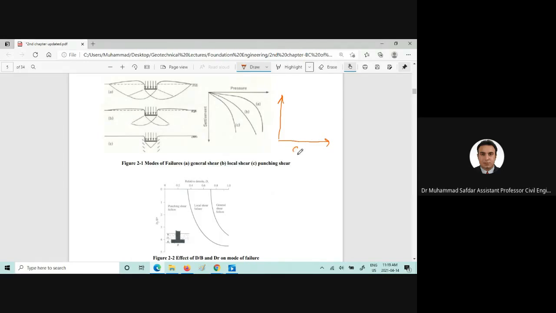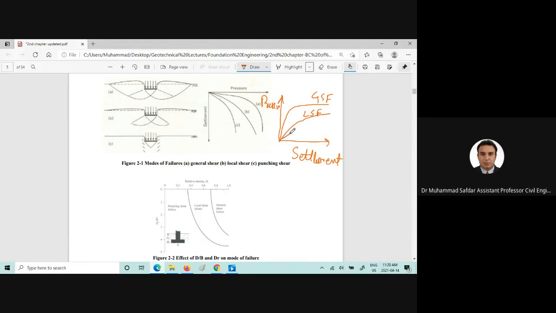So if this is the settlement, and this is the pressure here, this one will be the general shear failure. Now, this one will be the local shear failure.